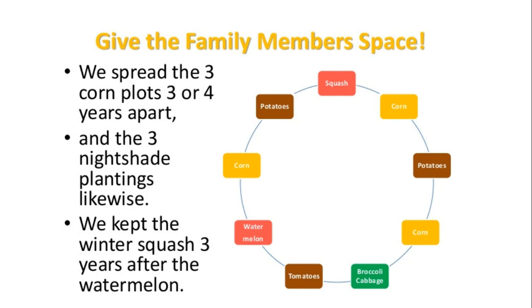Whatever the problems are in your area, those are the plants that you want to make sure you rotate out of any given plot or bed or piece of land, rotate them out and grow other things for a period of at least a year or two before you bring them back.